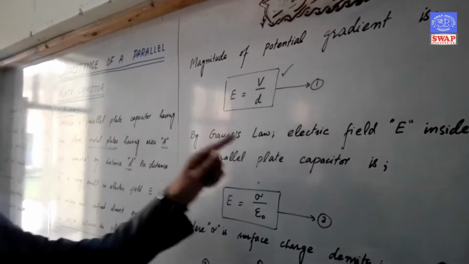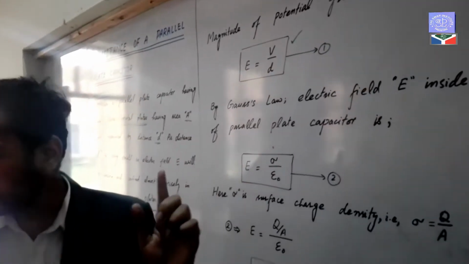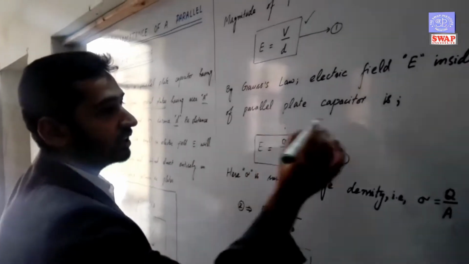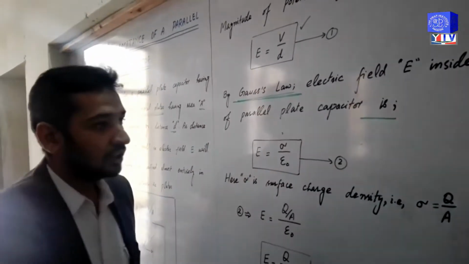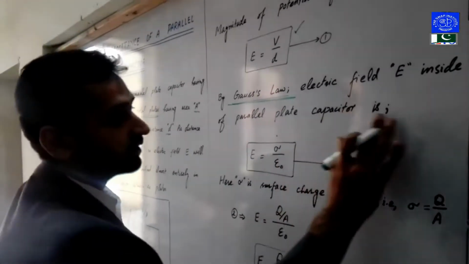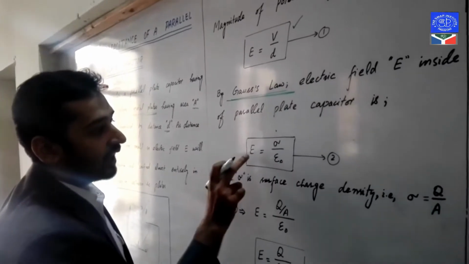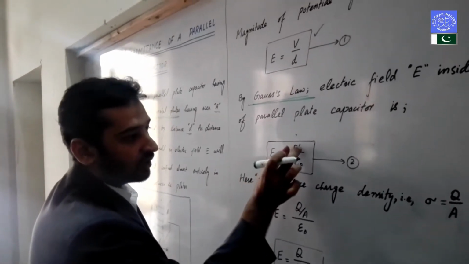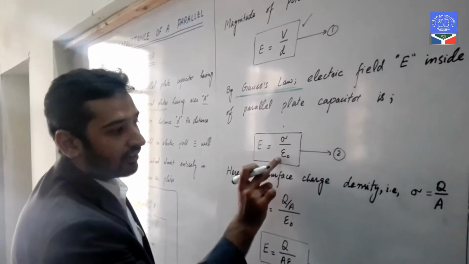By Gauss's law, the electric field inside the parallel plate capacitor, this is the application of Gauss's law basically. In the last lecture I discussed it. The end result of that application of Gauss's law gives us the magnitude of electric field, sigma over epsilon naught.